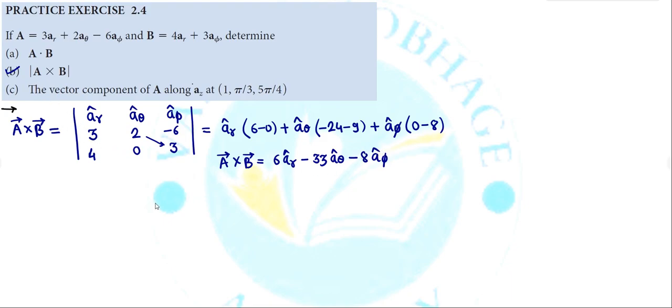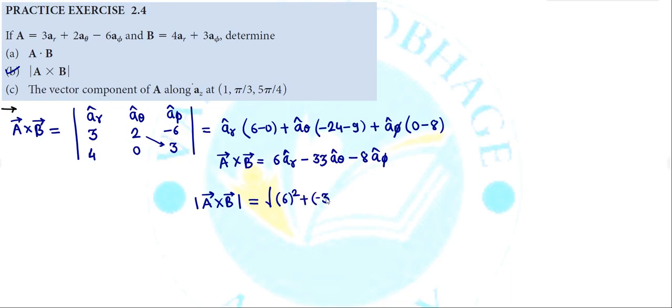Because they are going to ask you the magnitude of the cross product of vector A and vector B. So we have just found the cross product between vector A and vector B, and its magnitude will be the square root of the squares of the components along the r, theta and phi directions.